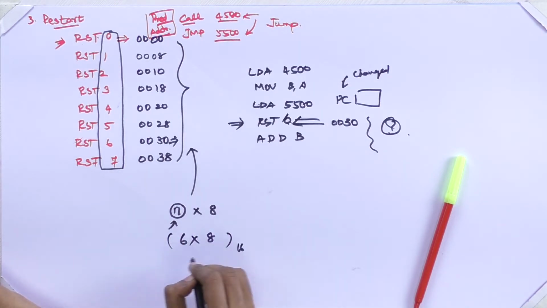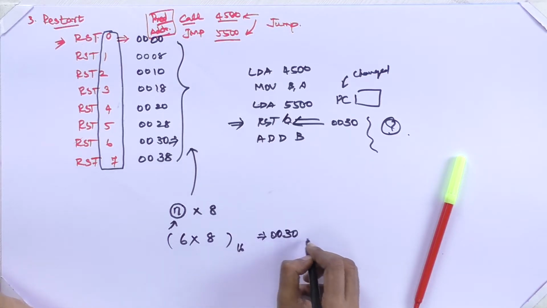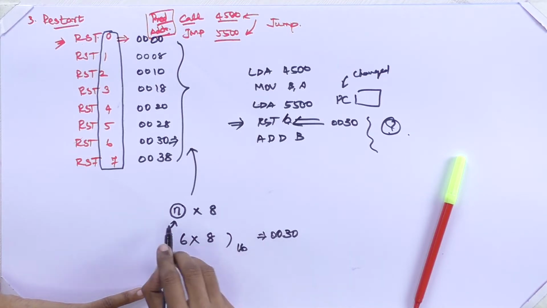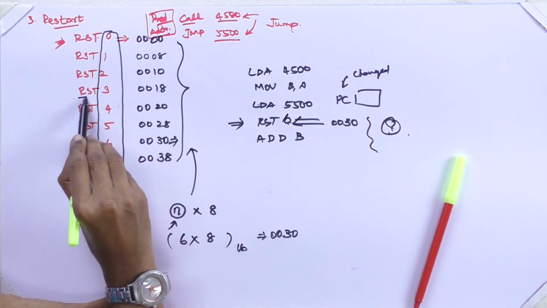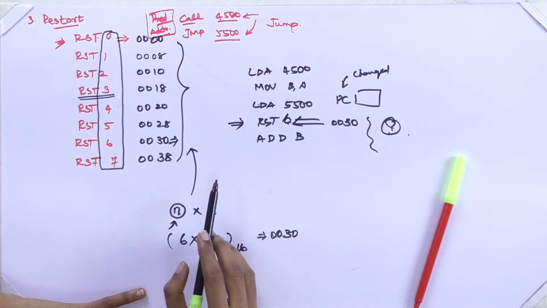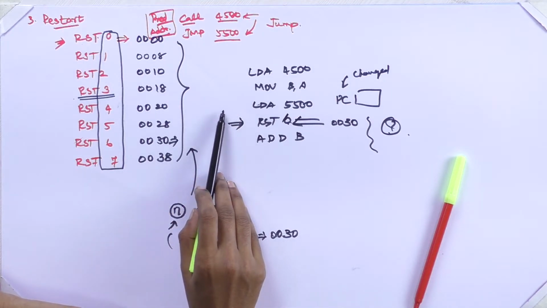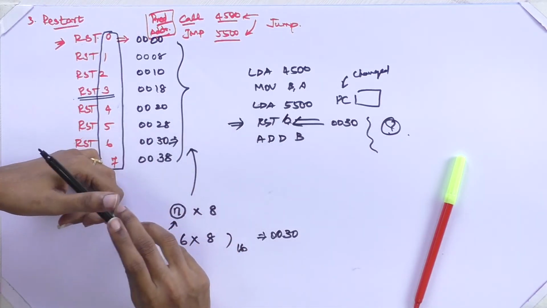This multiplication is hexadecimal multiplication. That's why we have the value 30, so 0030. Don't forget that. We derive the address from the instruction's number multiplied by 8. Fine. So that's all about the branch instructions.